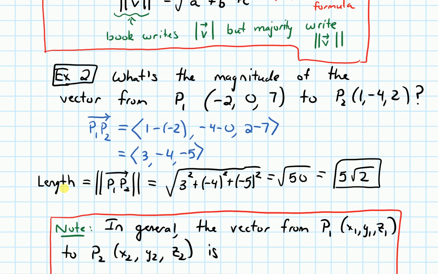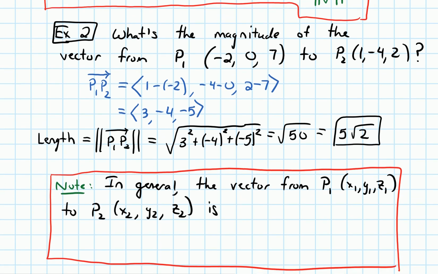So in general, I can write down a formula for the vector from a point P1, which I'll write as x1, y1, z1, to another point P2, which I'll write as x2, y2, z2.